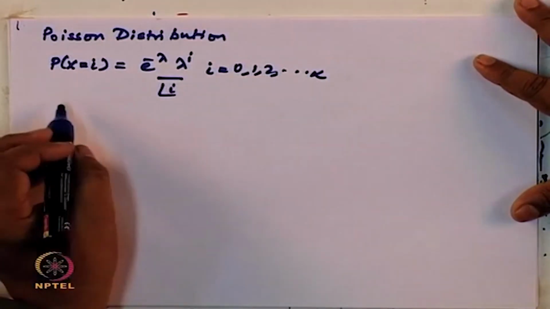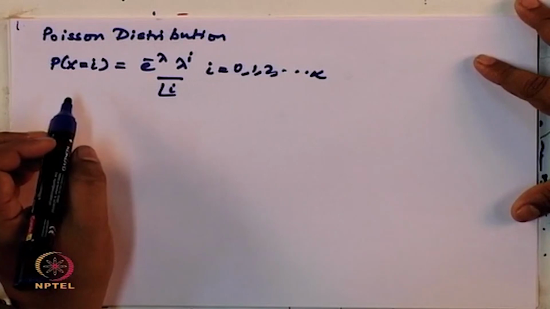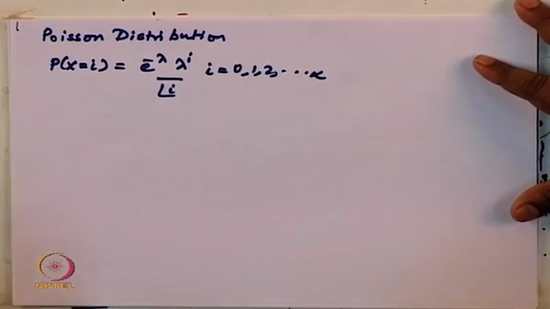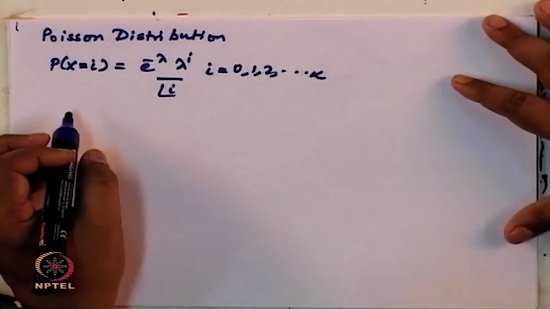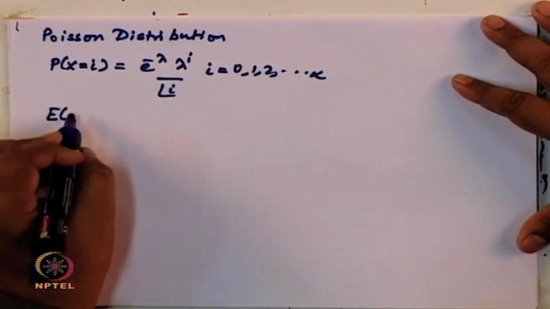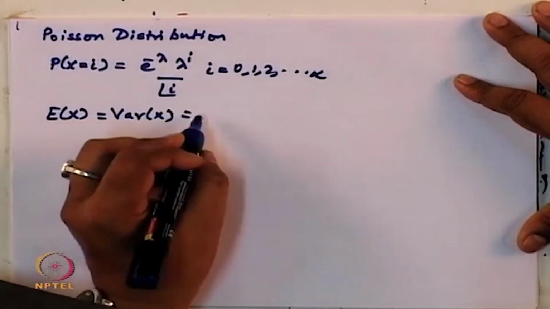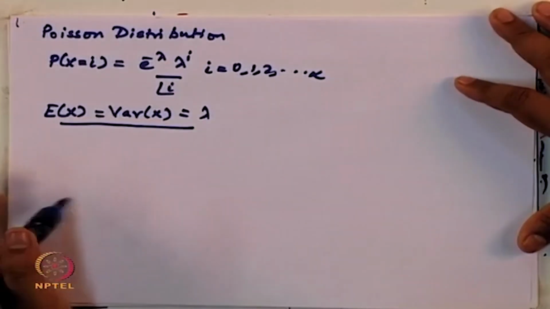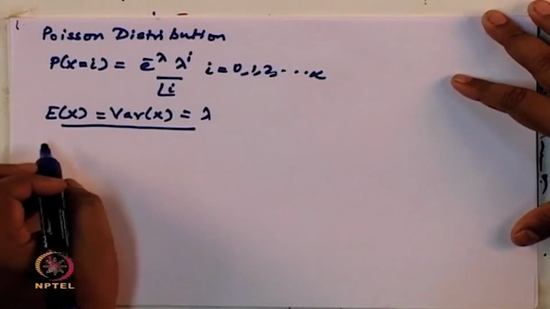The Poisson random variable is a discrete random variable, but it can go up to very high values. What we demonstrated in the last class was that for the Poisson distribution, your expectation and variance both return a value of lambda.